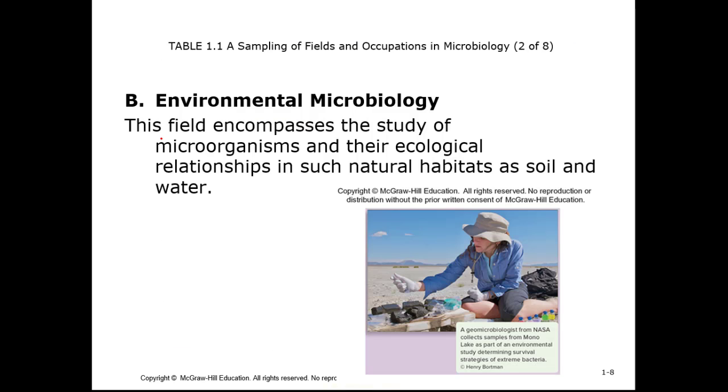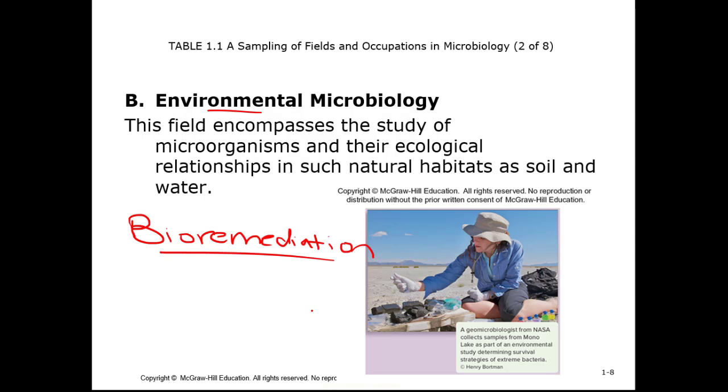Another field is environmental microbiology. Because microbes are everywhere, they can shape everything about our planet. They're in the soil, they're in the water, they're in Antarctica. So, microbes really do change the soil. They affect things in the earth. One of the most important ways that we apply microbes to the environment is a process called bioremediation.